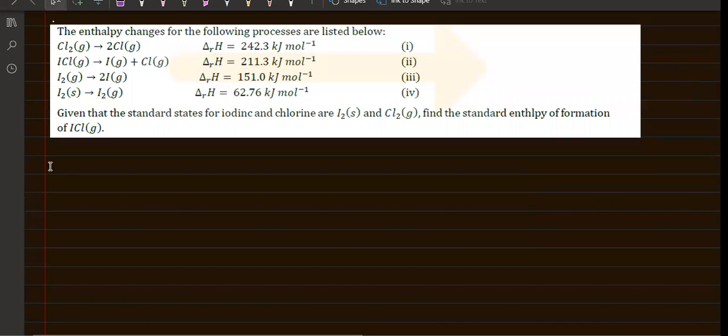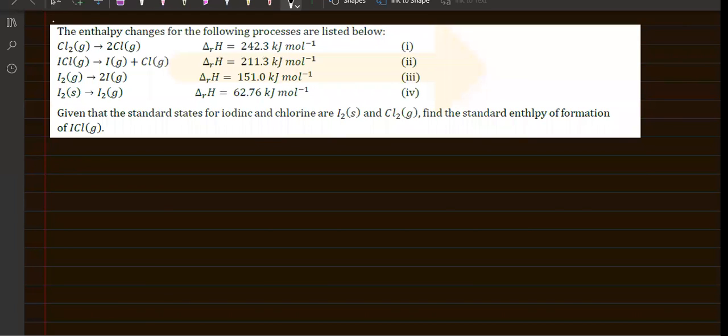So this is just a problem for the application of Hess law. Right, everyone? Okay, this is just application of Hess law. What you have to find? First, you have to see what is given, what you have to find.